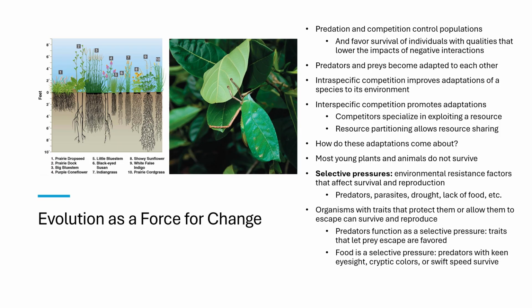Any trait or characteristic that will help an organism to survive and reproduce better is a force called natural selection, and this is a force that will make organisms change, what we call evolution.